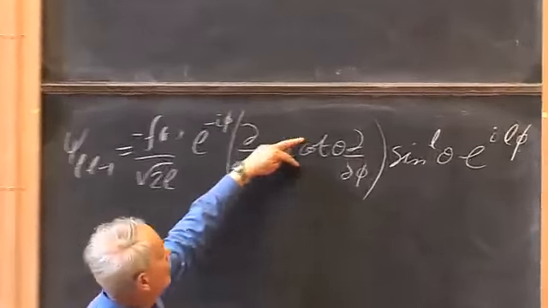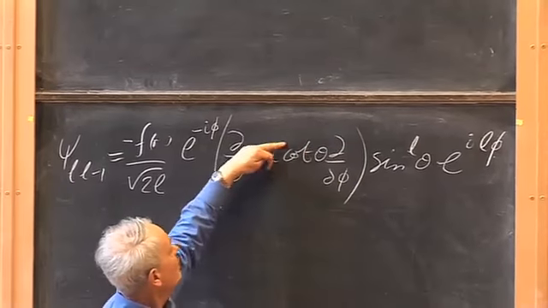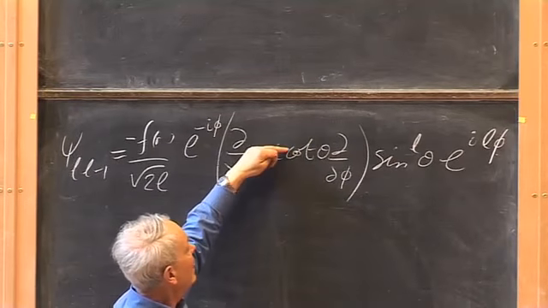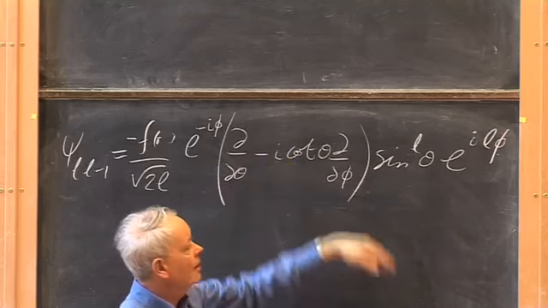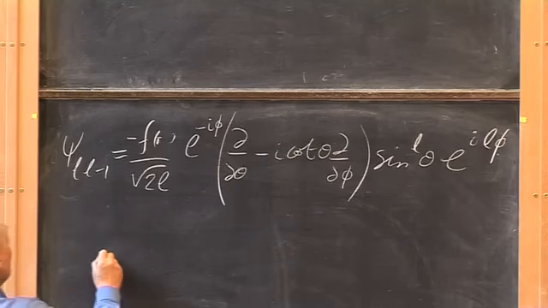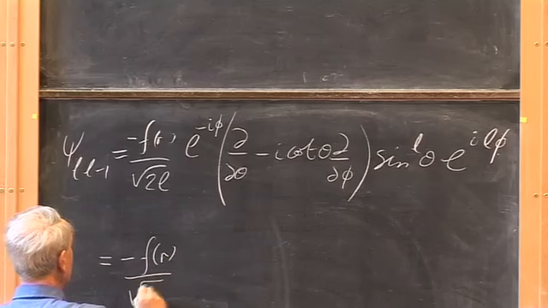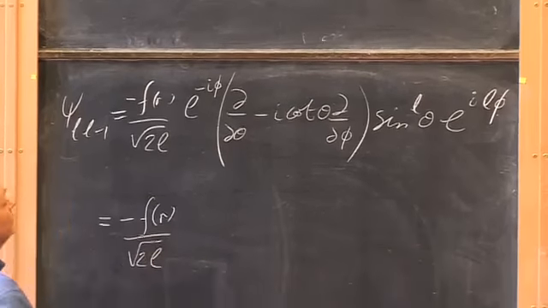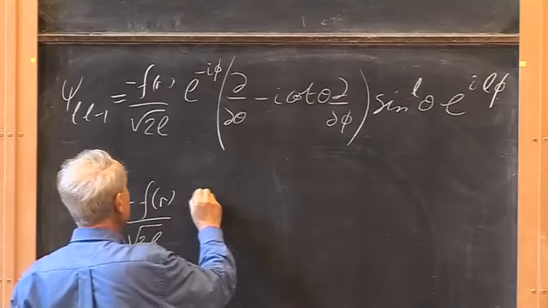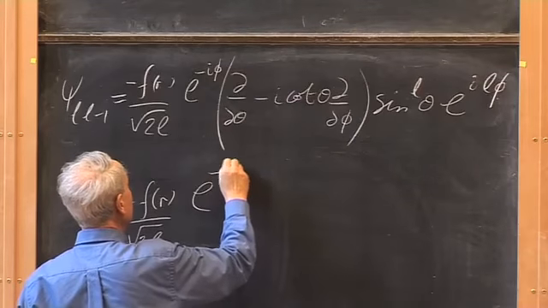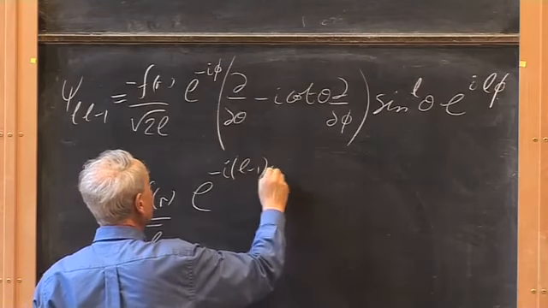This cotangent, multiplying that, because this is cos over sine, will again produce me a cos times sine to the L minus 1. So the whole thing is going to be minus unspecified function of radius over the square root of 2L times, everything's going to go like e to the minus I L minus 1 phi.